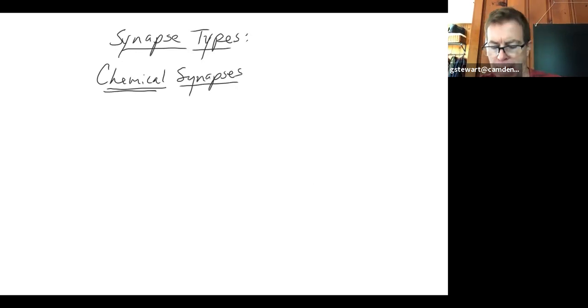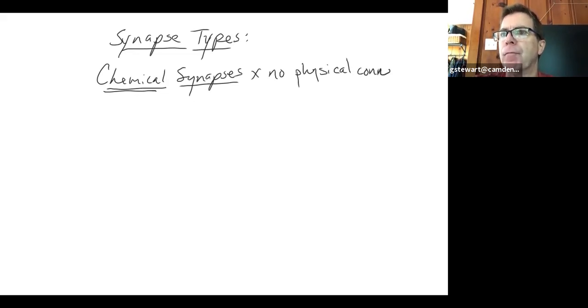Chemical means neurotransmitter is present. You know that that neurotransmitter is stored in vesicles in the axon terminal. There's no physical connection between the presynaptic cell and the postsynaptic cell. It must use neurotransmitter.